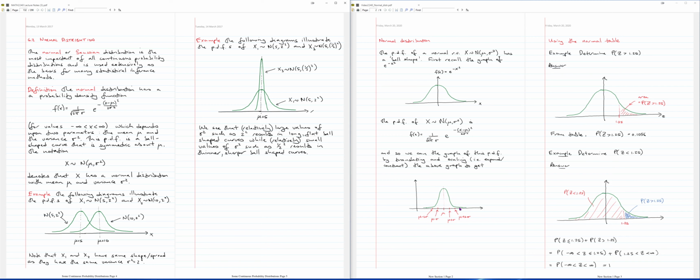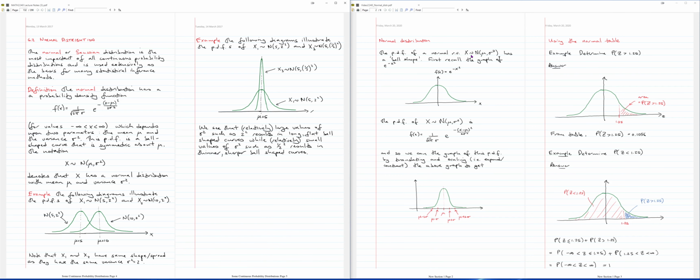If I drew this extremely accurately, this green over here needs to keep going like this. So this would be a horizontal asymptote over here. And this would need to keep going like this and basically get closer and closer to the x-axis as you go along. Okay, so the normal distribution has this sort of bell shape.